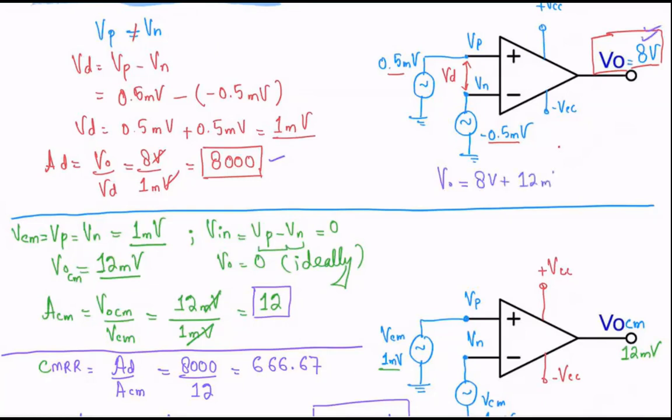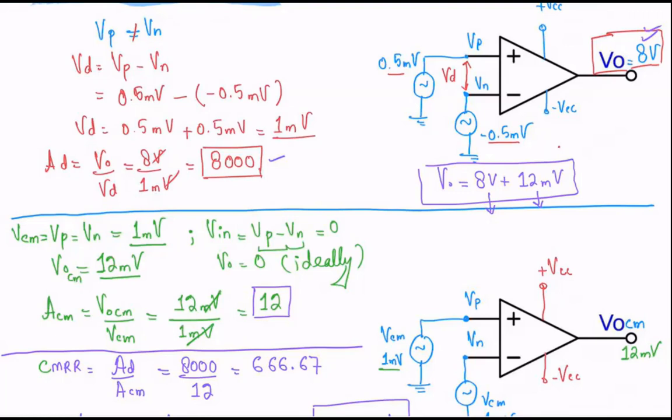This is your total output voltage, where this is the differential voltage, which is magnified, and this is the common mode. It will not be 100% eliminated, but it will get very close to zero.